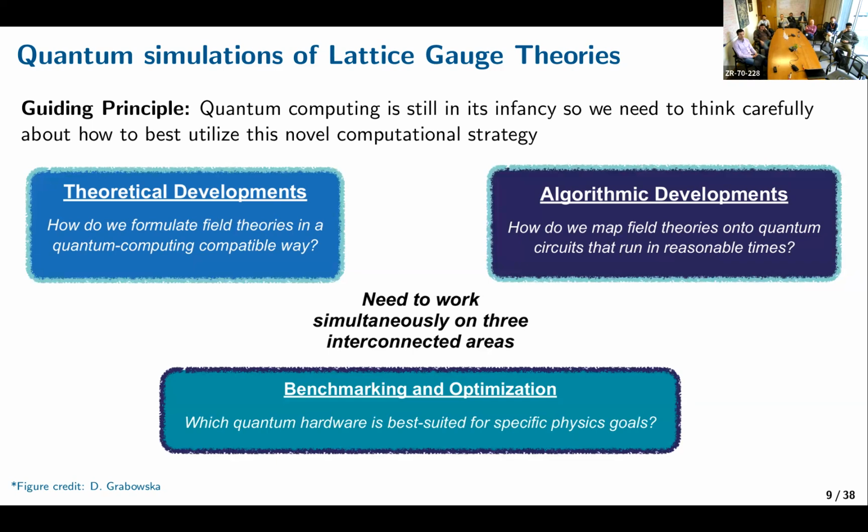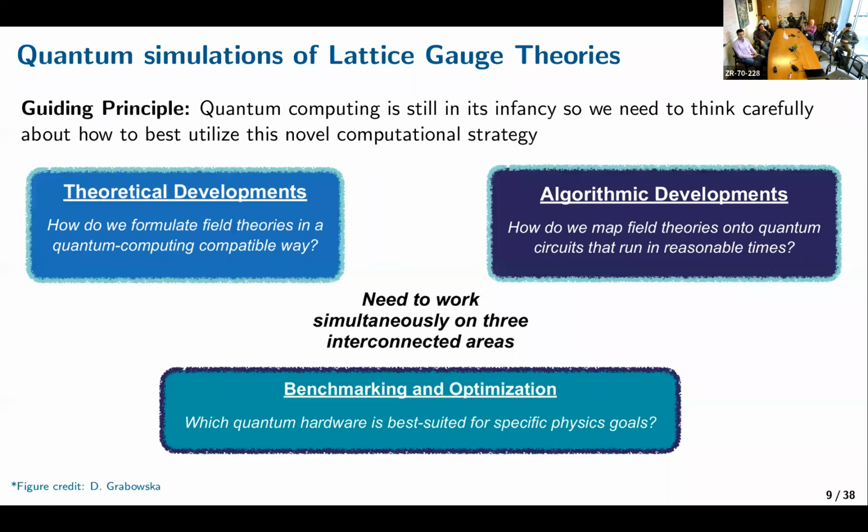There are 3 areas that need to be worked on simultaneously. The first is theoretical development. How do you actually formulate quantum field theory in a way that is compatible with study on quantum computers? Within this category falls the task of writing down Hamiltonians with nice properties that you can use to do the time evolution. And then you also need to think about algorithmic development.